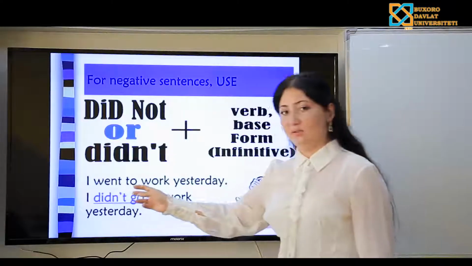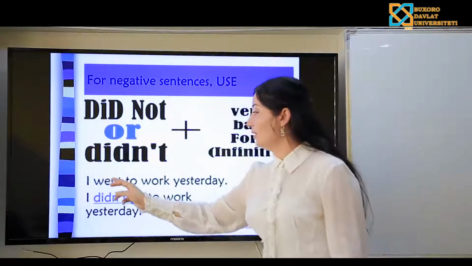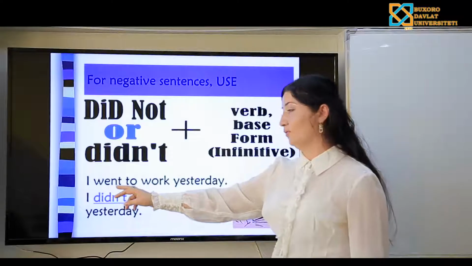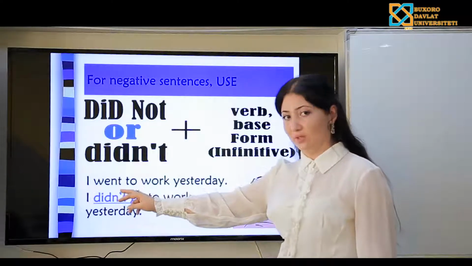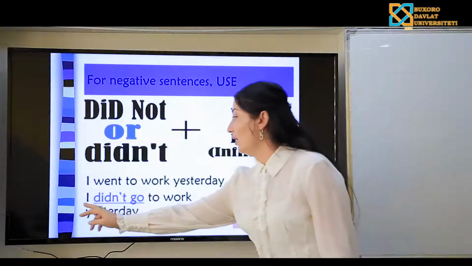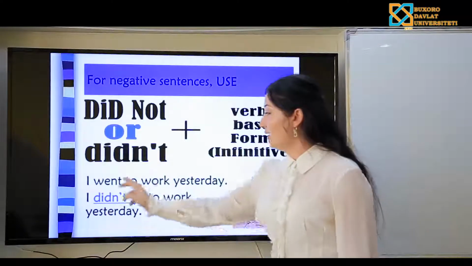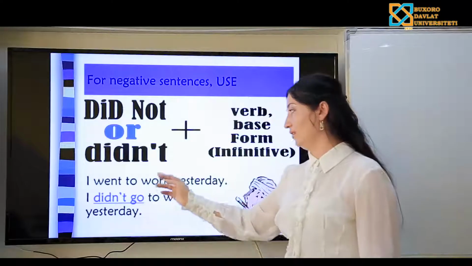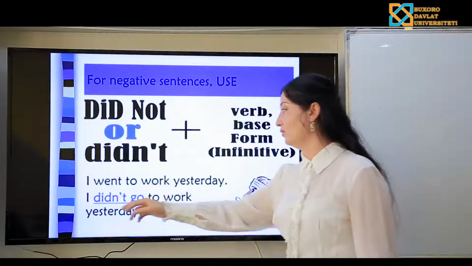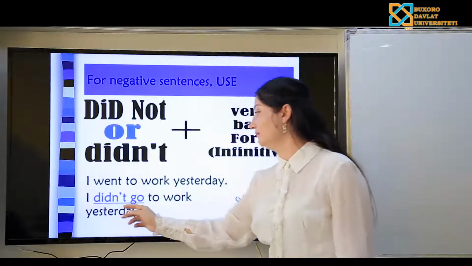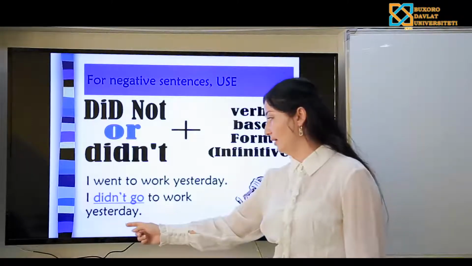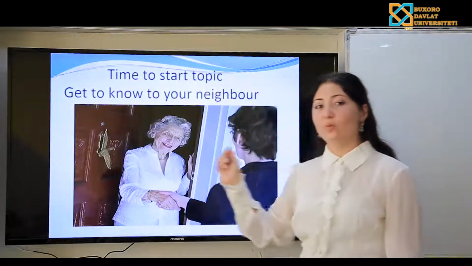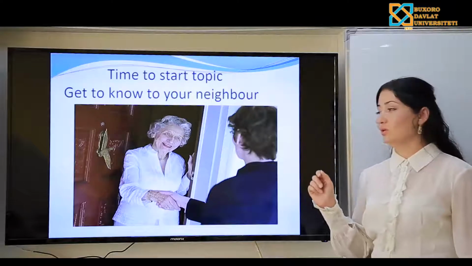You see, students, that here we used the past form, but it is an irregular verb. And we will change this sentence into the negative form. For example, I didn't go to work yesterday. When we use did, we should also use the infinitive.